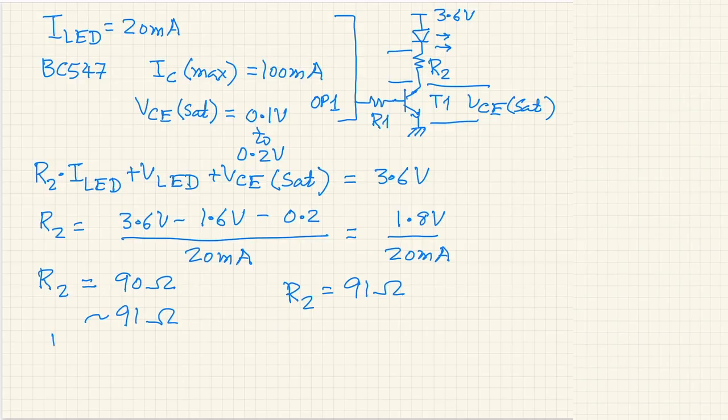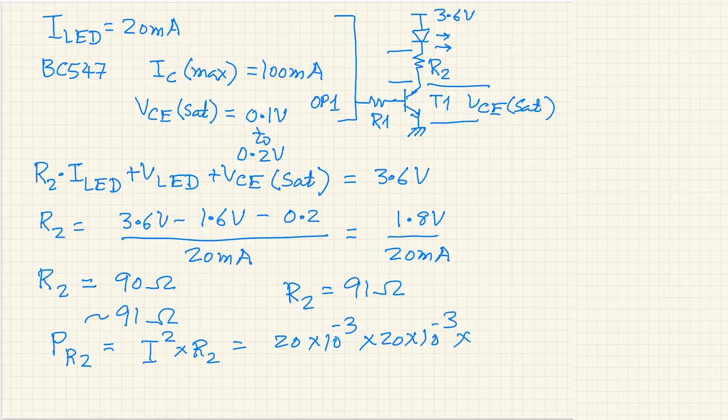Now here we can use PR2, that is the power dissipated by R2. We can calculate using I squared into R, which in this case is 20 into 10 raised to the power minus 3 amperes, into 20 into 10 raised to the power minus 3, into, for ease of calculation, let us plug the value of R2 to be 100 ohms.